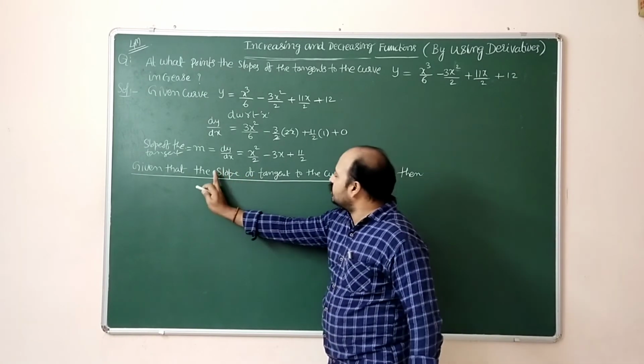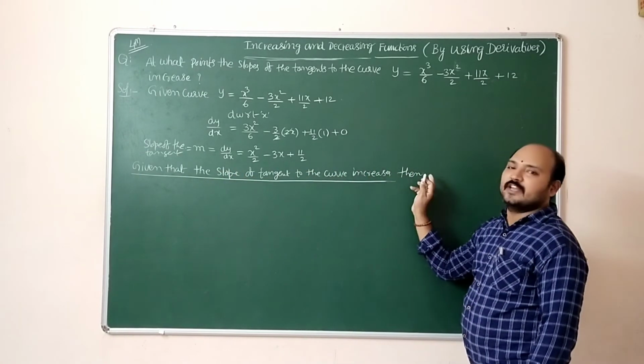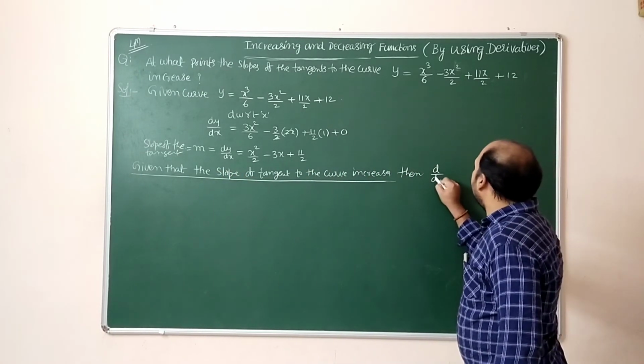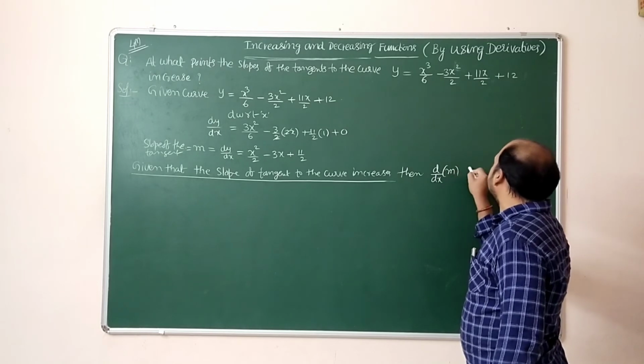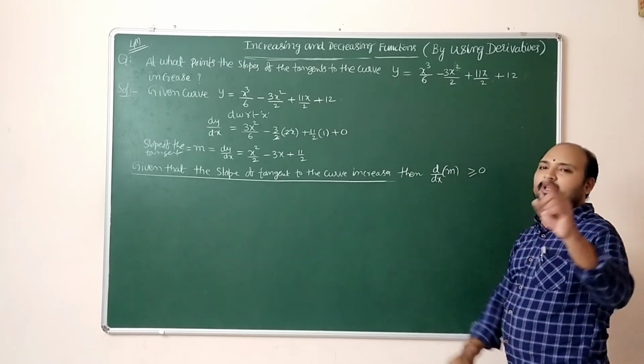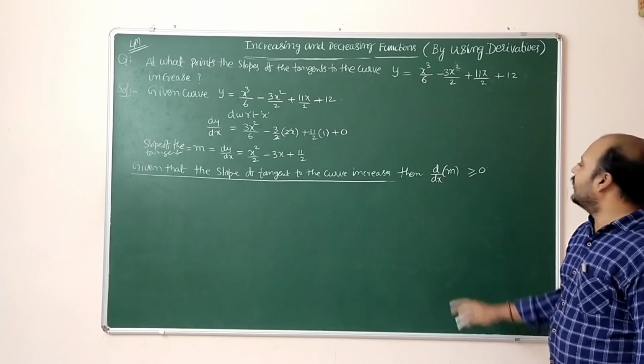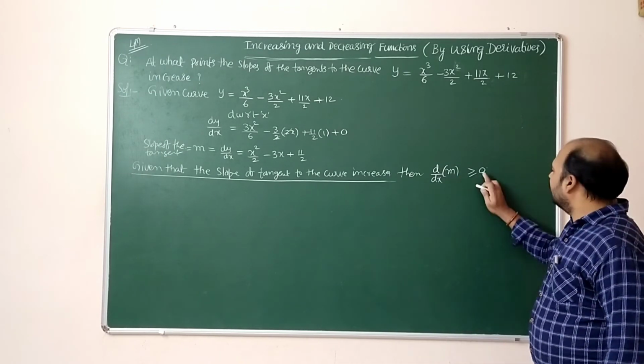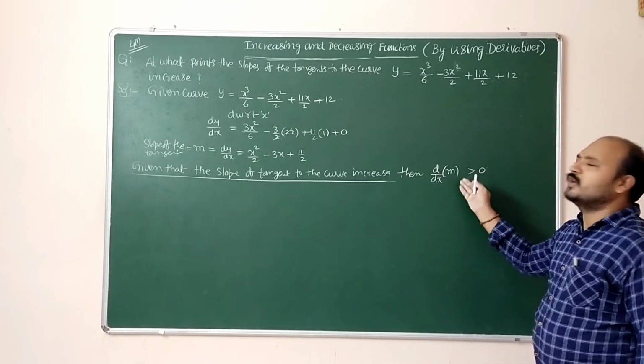Similarly, whenever the slope of the tangent of the curve increases, d by dx of m is greater than or equal to 0. Keep in mind, dear students, increases. You can take strictly increasing also, you can take dm by dx.